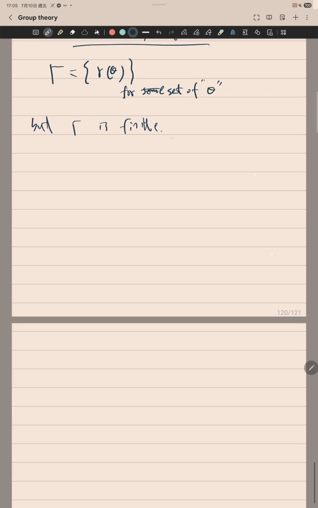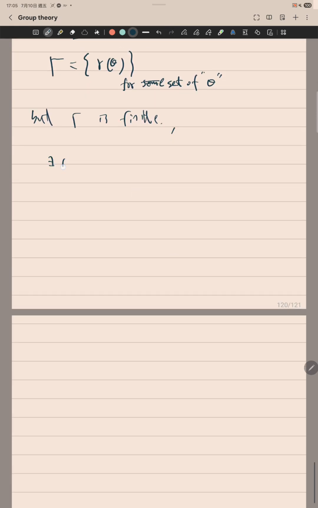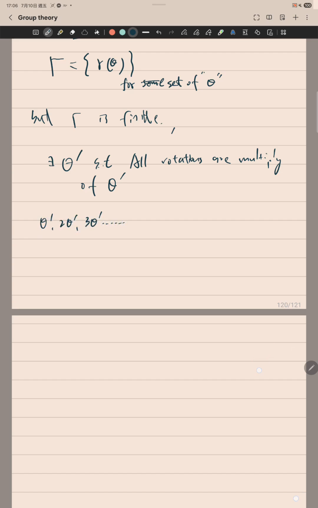My claim is the following: there exists a smallest theta prime, such that all the rotations are multiples of theta prime. So it's basically theta prime, 2 theta prime, 3 theta prime, and keep going.